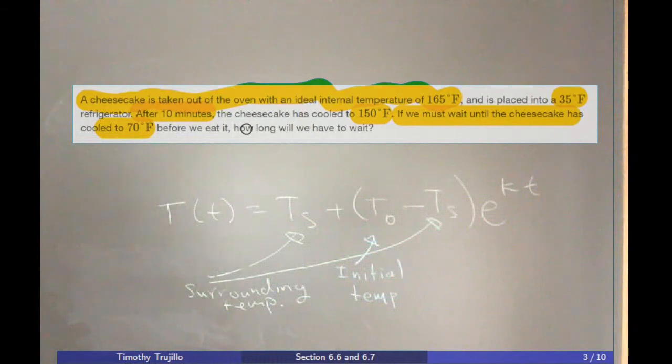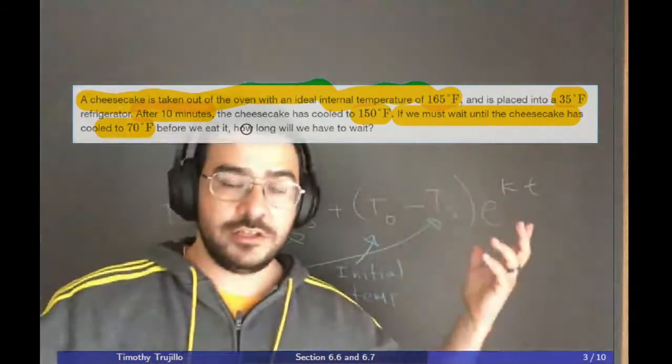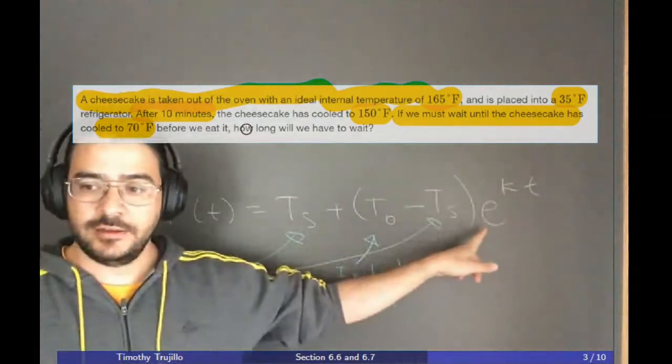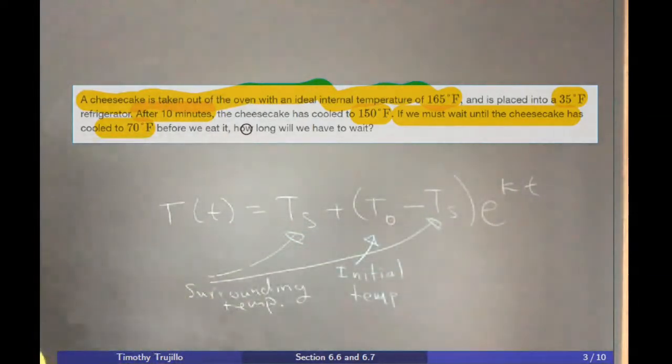It really only depends on three different parameters. The first two are the temperature of the surrounding space that you're in, that would be T sub S, and also the initial temperature.